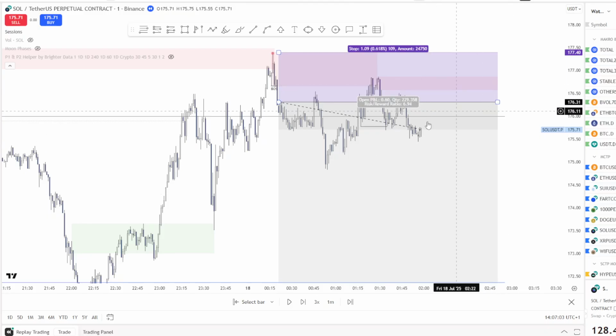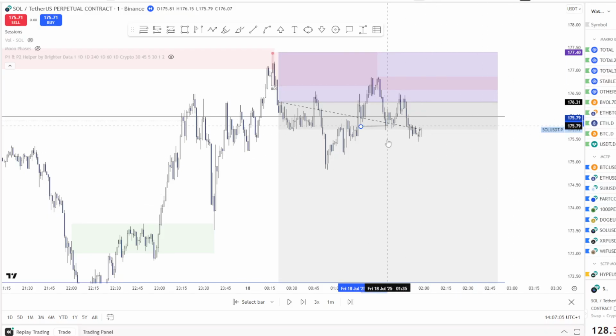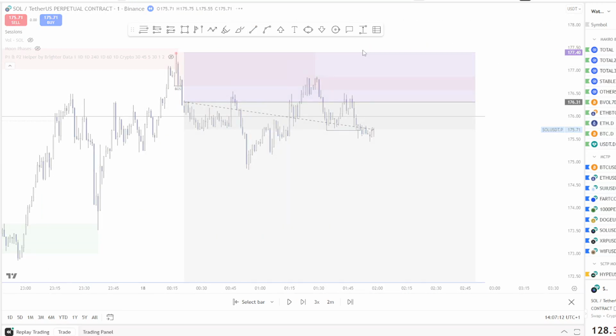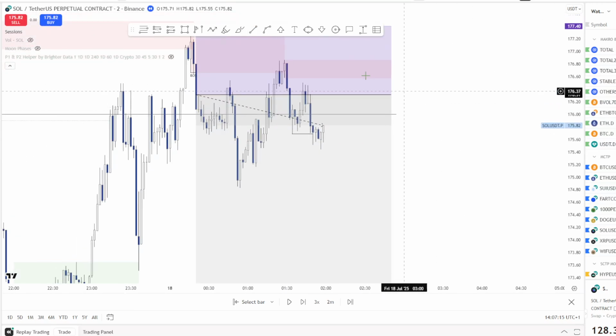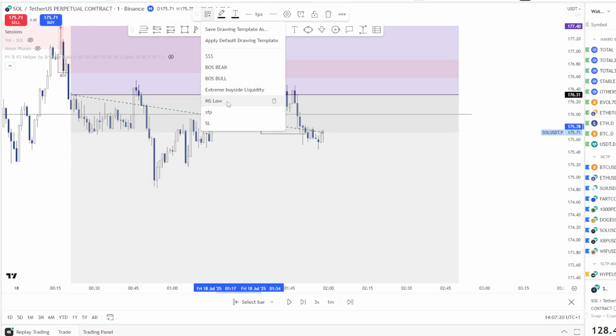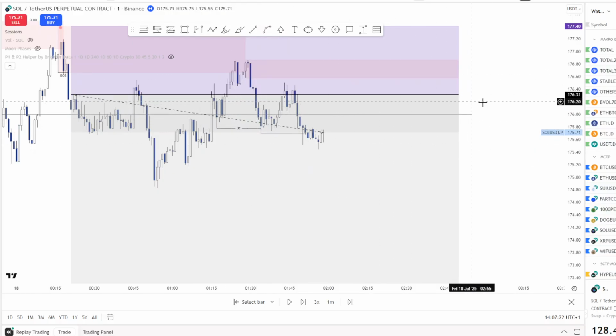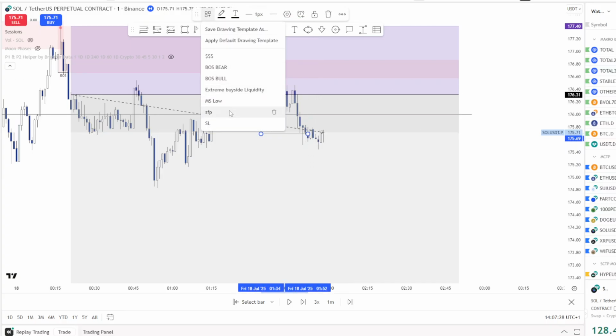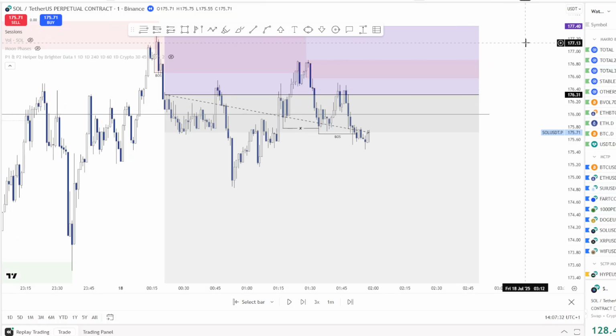So yeah, we SFP'd again here. Let's see. So on the one, we SFP'd here, the low. Got the reaction away, so we extend our low. This is a very poor break.